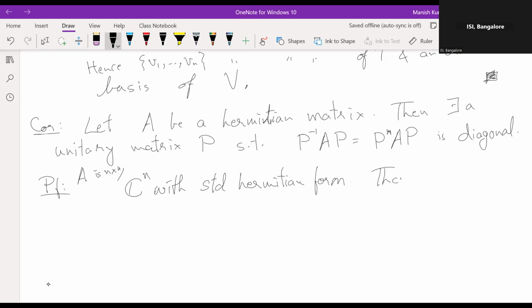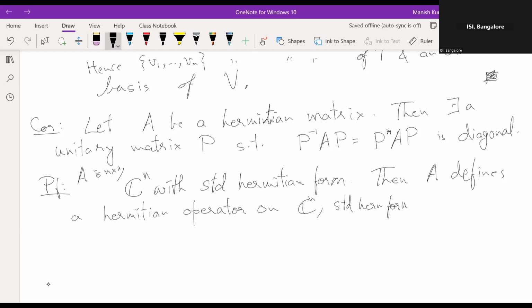Then multiplication by A defines a Hermitian operator on Cn with the standard Hermitian form.